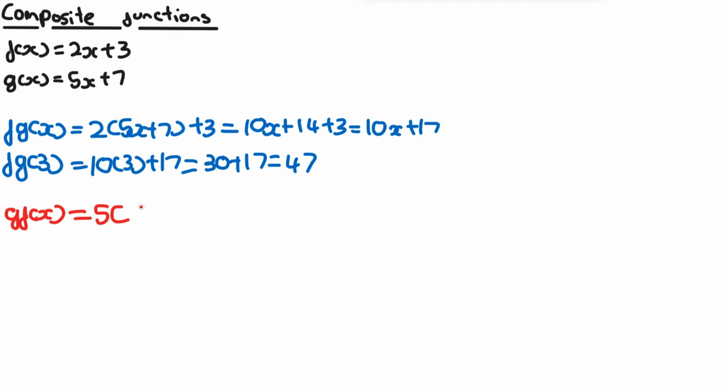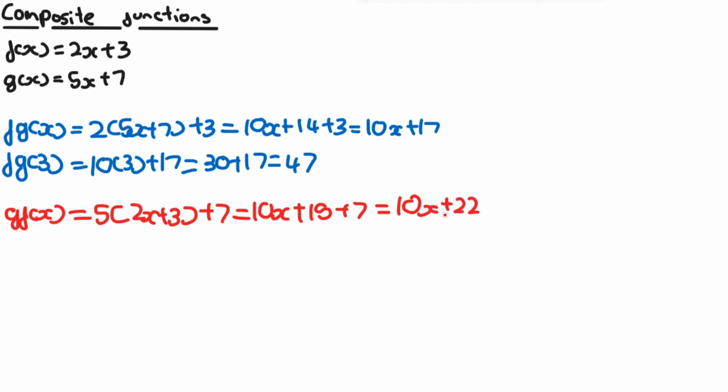So it would be 5 of 2x plus 3 plus 7, expand the brackets to 10x plus 15 plus 7, which is equal to 10x plus 22. And then if we needed to find gf of 3, we just sub 3 into here, so it becomes 10 of 3 plus 22, which is equal to 30 plus 22, which is equal to 52. So gf of 3 is equal to 52.